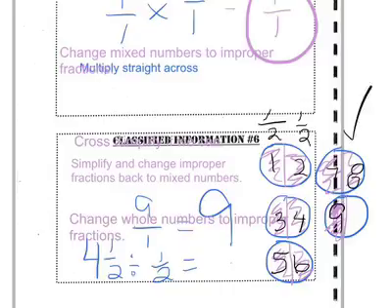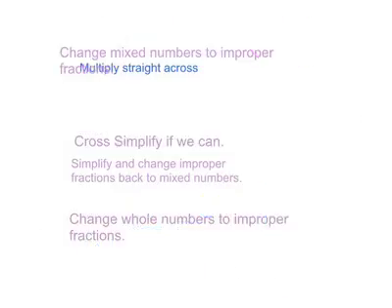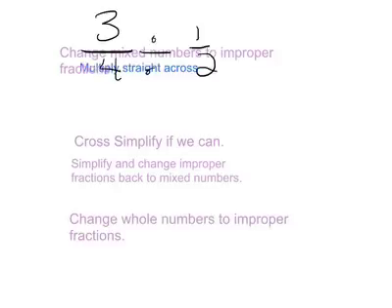Good job. All right, let me go ahead and do just a couple of examples for you, just to make sure that we're really good with this. Let me add another page. Okay, let's do 3/4 divided by 1/2. First thing we're going to do, we don't have any mixed numbers, so we don't have to change anything.